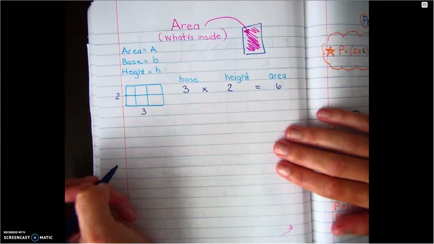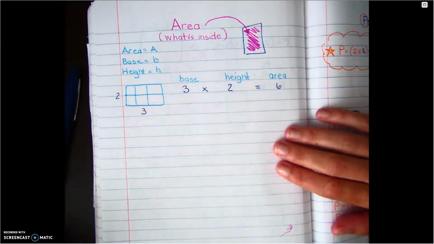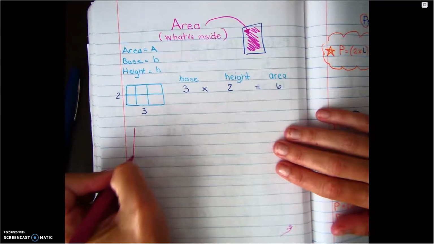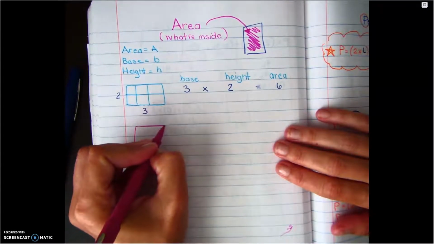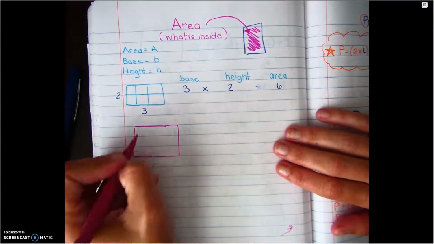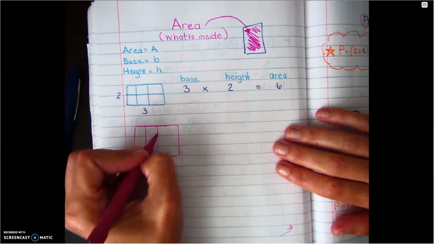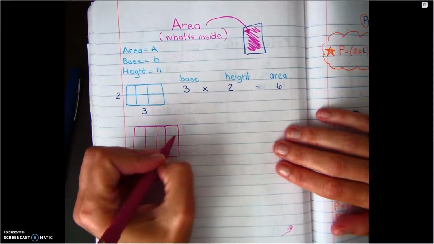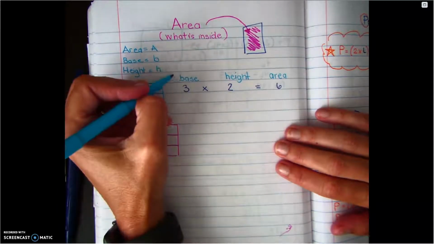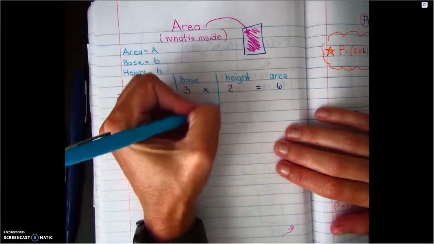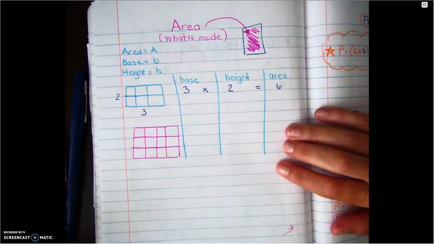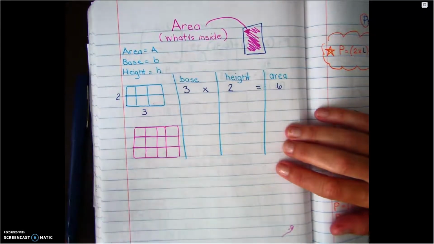So let's see if that works again. Let's draw another figure. Okay, I'm just going to draw lines down so we can keep our chart. Okay, so we got to do our base.